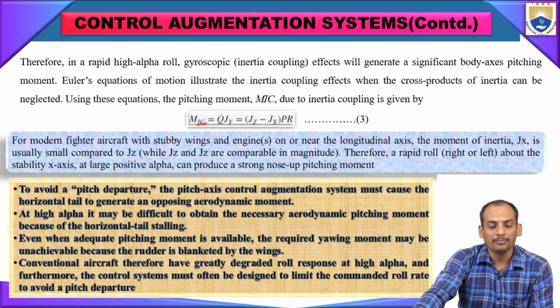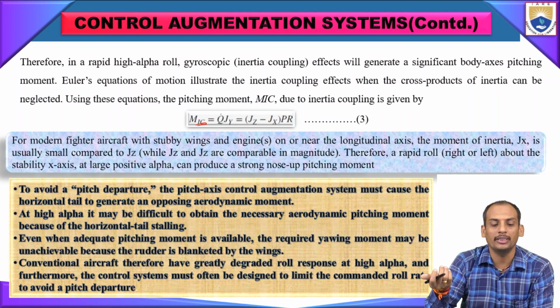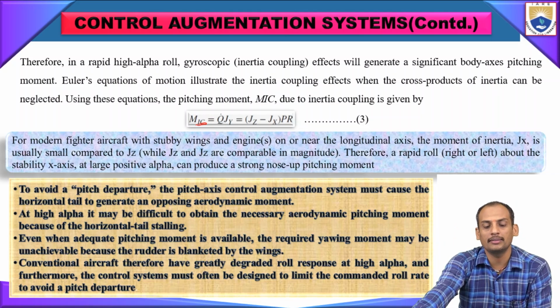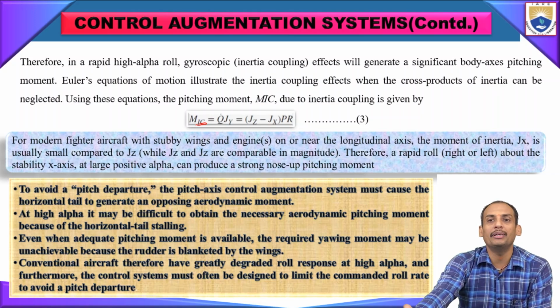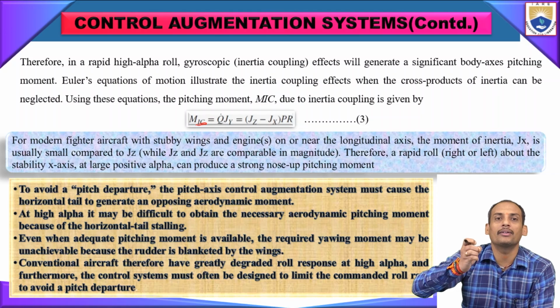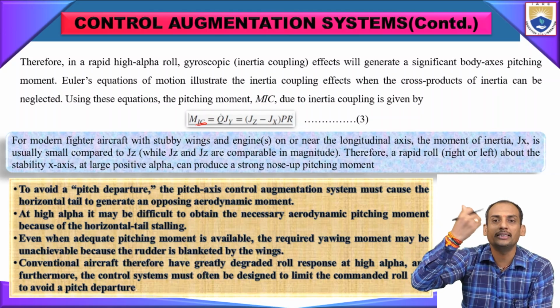Even when an adequate pitching moment is available, the required yawing moment may be unachievable, because the rudder is blanketed by the wings. So the conventional aircraft may have greatly degraded roll response at higher alpha, and the control system must often be designed to limit the commanded roll rate to avoid this pitch departure.